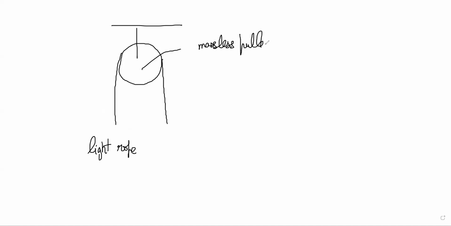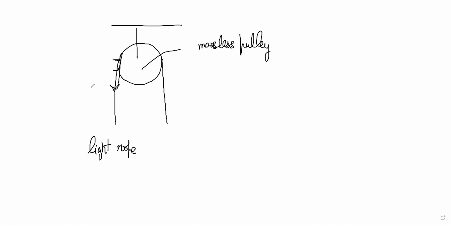For example, let's say we have a light rope, and this light rope is going around a massless pulley. Now, obviously, there is tension in both the portions of the rope.